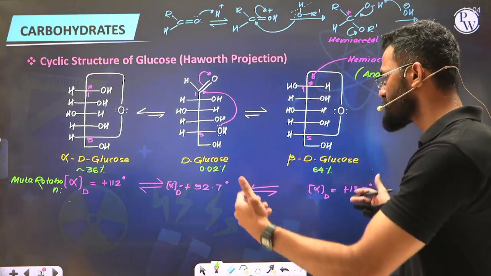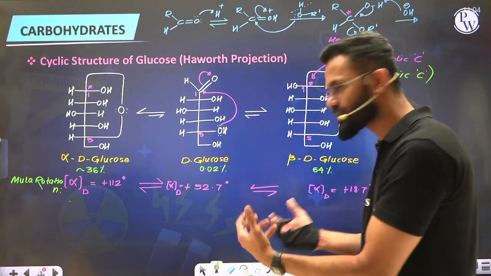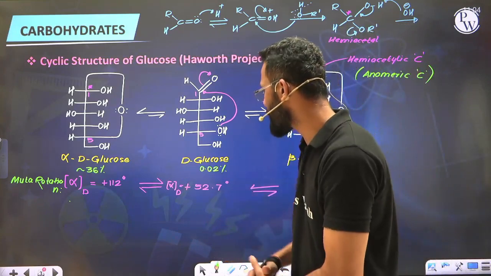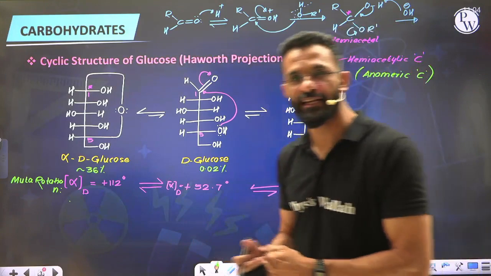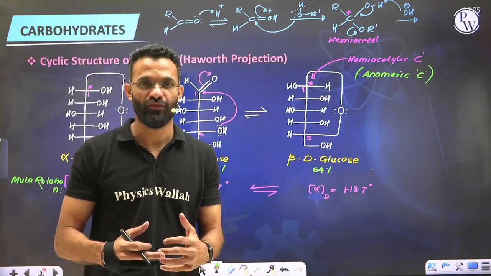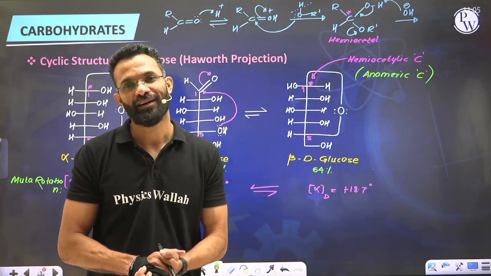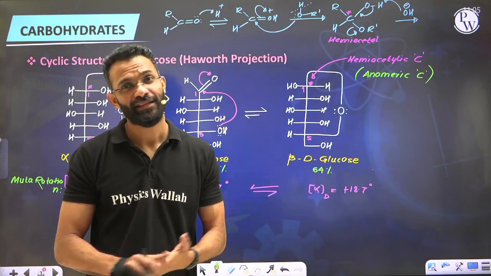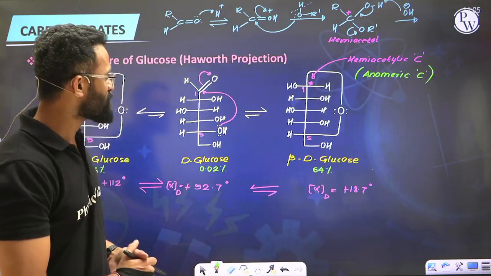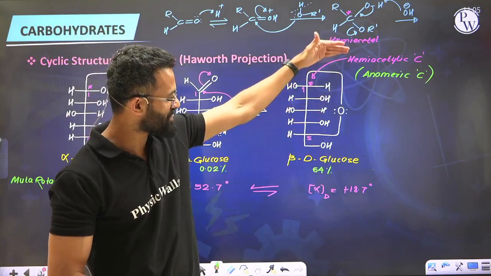But when these solutions are allowed to stay for a while, their optical rotation gradually changes and settles at the equilibrium value of plus 52.7 degrees. This gradual change in the specific rotation of an aqueous solution of the crystalline form of a pure anomer is what you call mutarotation. Alright guys, so a few terms we learned here. Today we learned something called an anomer, and something called the anomeric carbon or hemiacetalic carbon.